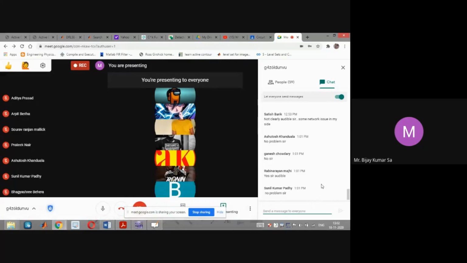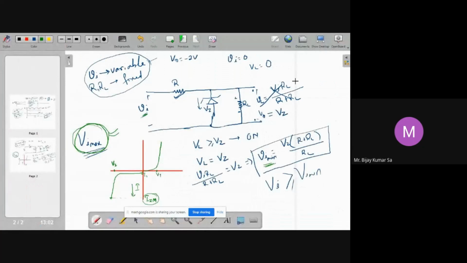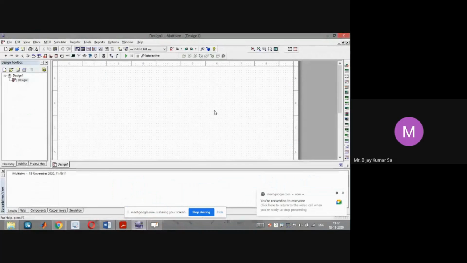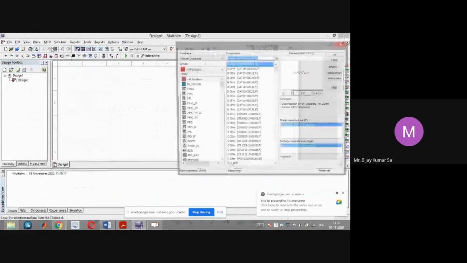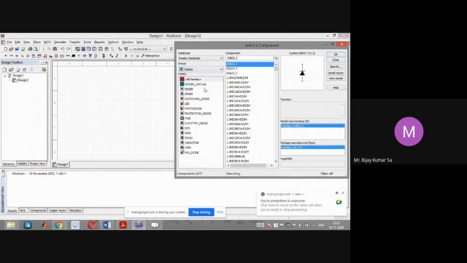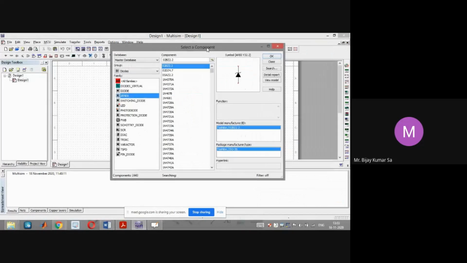Let us go to the simulation part. So let us get a zener diode from the master database. In the group I select diode. Which kind of diode do I require? I must select from here. I require a zener diode.